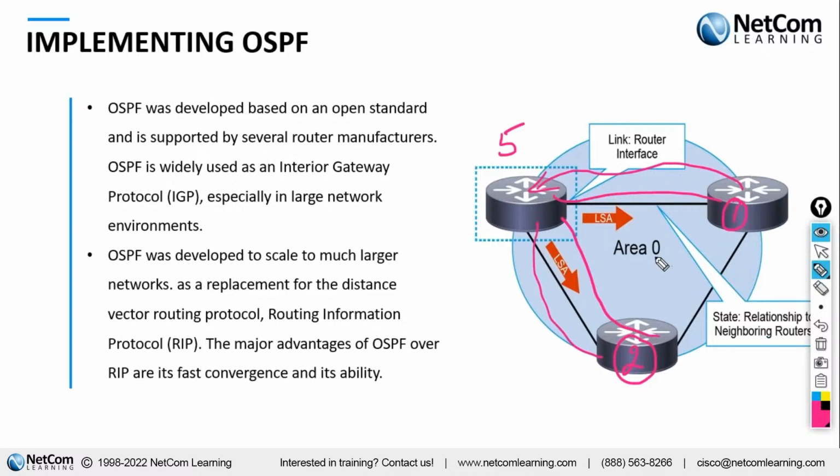And before OSPF, if we go a little bit into history, we had the RIP protocol, okay? And then after RIP, we have OSPF, okay? So now OSPF supports more networks than when we started with RIP, okay?